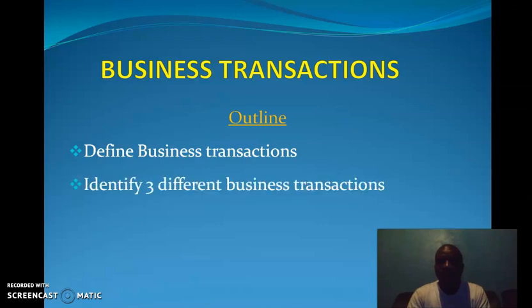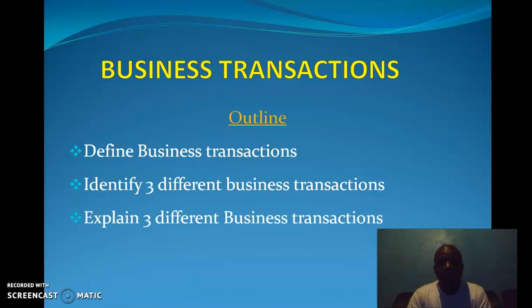After we've defined the business transaction, then we are going to identify 3 different business transactions. Having done that, we will also explain the 3 different business transactions that we'll have identified.